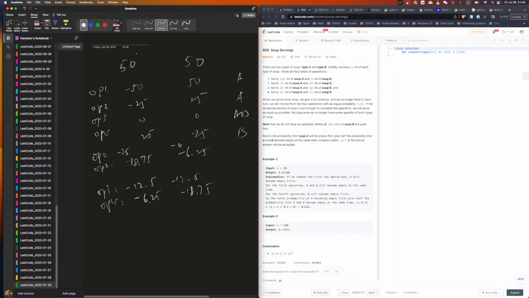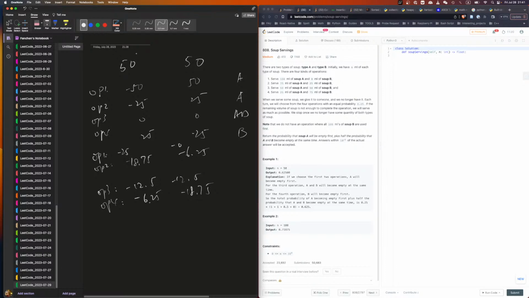Maybe we need to find, well, n can be huge. Yeah, each round you pick a 1/4. So first round, if you pick 1 out of 4, second round, you pick 1 out of 4. So the probability is 1 out of 4 times 1 out of 4 times 1 out of 4, right?